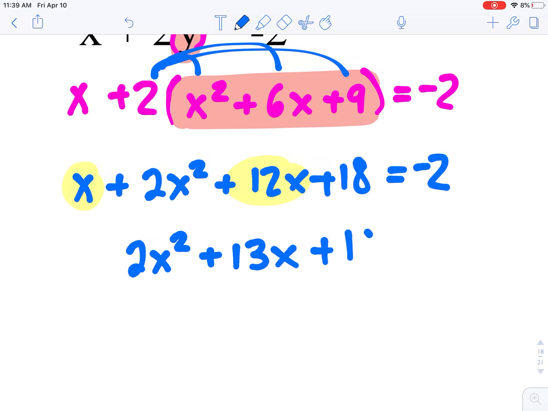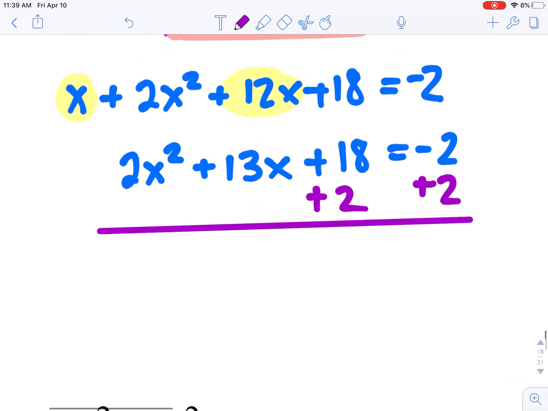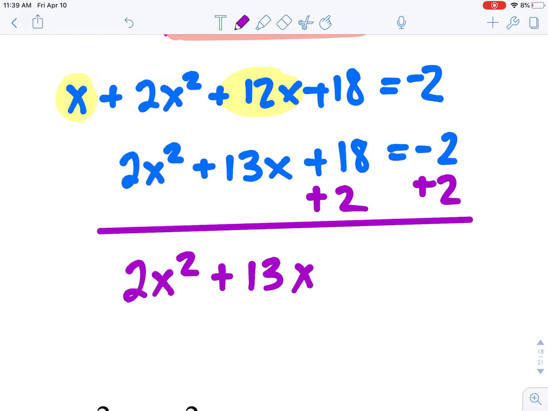It gives me 13x plus 18 equals -2. And then we want to make sure that it's equal to 0 to factor. So we're going to add 2 to both sides. And that gives us 2x squared plus 13x plus 20. And now it's time to factor.